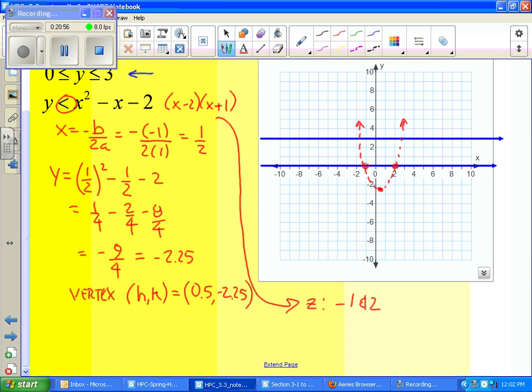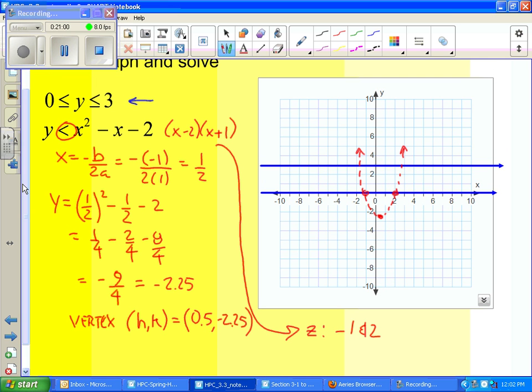Okay, shading. Let's do the quadratic since we're still here. Less than. Again, test a point. Let's say 0, 0 for test purposes. 0 less than negative 2, and that is false. So if I test 0, 0 and it's false, I'm not going to shade inside. I'm going to shade on the other side, here, which is the same thing as the less than portion of that graph.